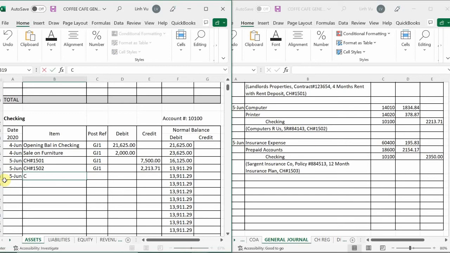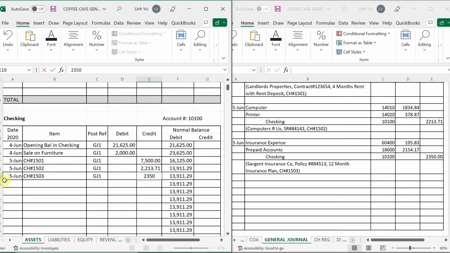And we wrote check number 1503. Okay, still on the first journal. How much did we pay the liability insurance for? $2,350.